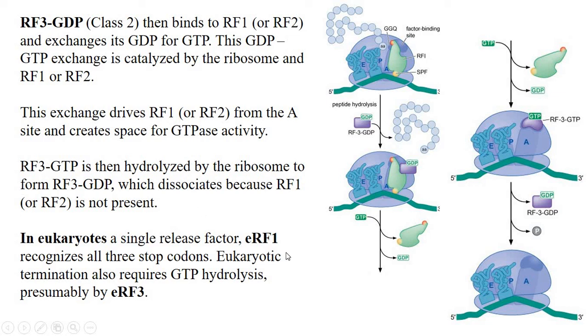In eukaryotes, there is only one class 1 release factor, which is analogous to release factors 1 and 2 of prokaryotes, and one class 2 release factor. These are called eukaryotic release factor 1 and eukaryotic release factor 3. Release factor 1 in eukaryotes recognizes all 3 stop codons.